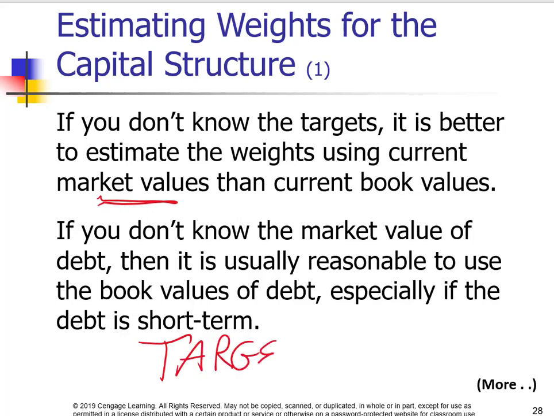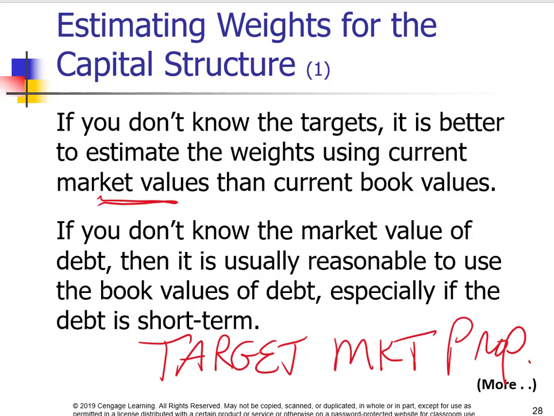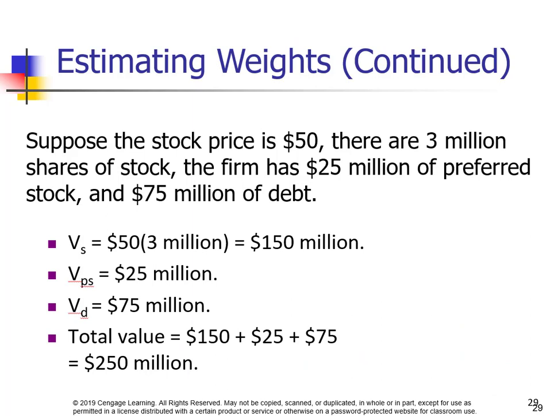So what we want to look at here, and we want to assume we know the company's target market proportions. What is that ratio? So how do we do that? We just have to look at the financial statements. This company has 3 million shares of stock selling at $50. They've got $150 million of stock, $25 million of preferred, $75 million in debt.